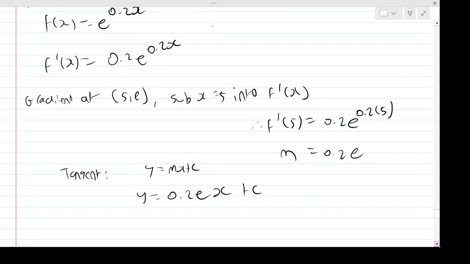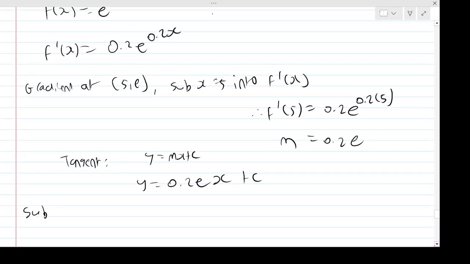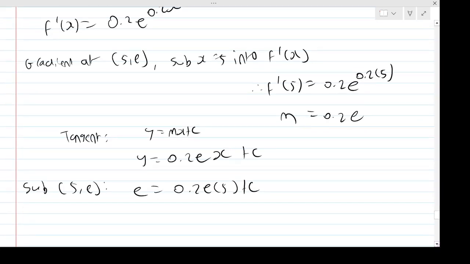So I'm going to substitute 5e. So then y is e, so then 0.2e, x is 5, add c. Then I can do e, and so 0.2 times 5 is just 1. So it's going to be 1e, or just e, sorry. So e add c, well that means c is 0 then, right?